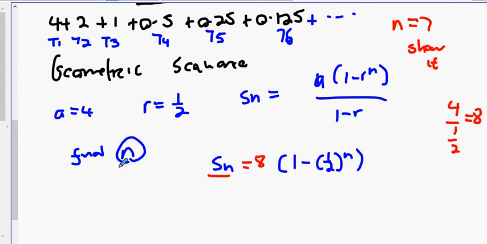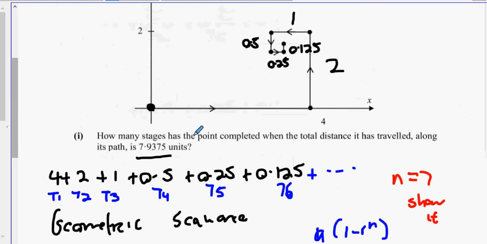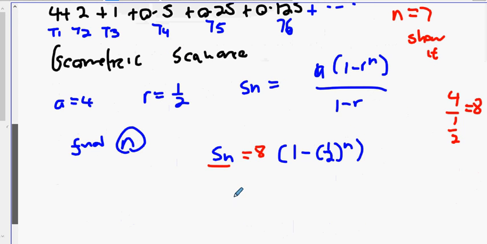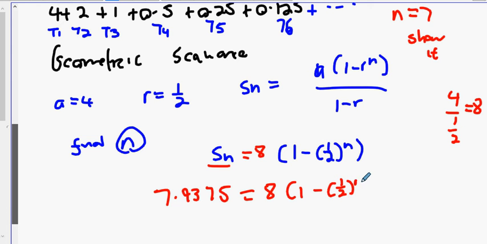So Sn, it says that has to complete 7.9375 units. Okay, so 7.9375 equals 8 bracket 1 minus a half to the power of N. So divide by 8. So bring that underneath.